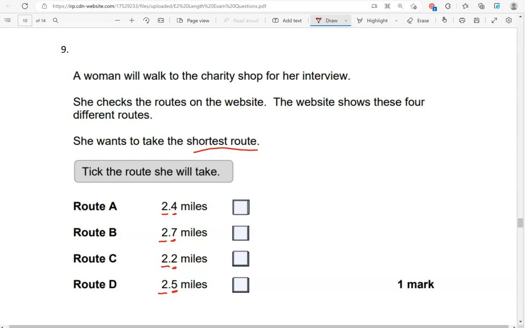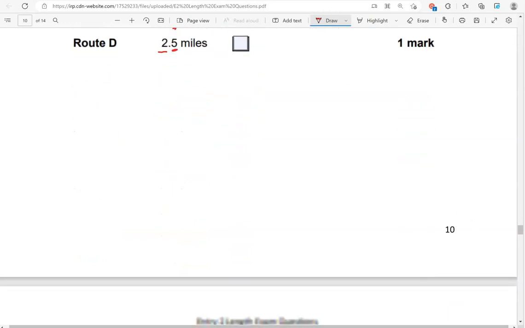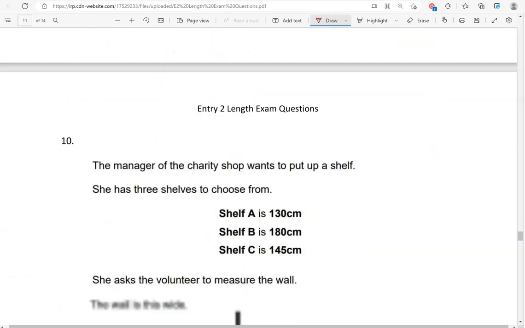So the smaller this second digit, the smaller the number overall. We've got 4, 7, 2, and 5. 2 is the smallest, so we're going to go with 2.2, which is route C. So that's the shortest route out of them all.